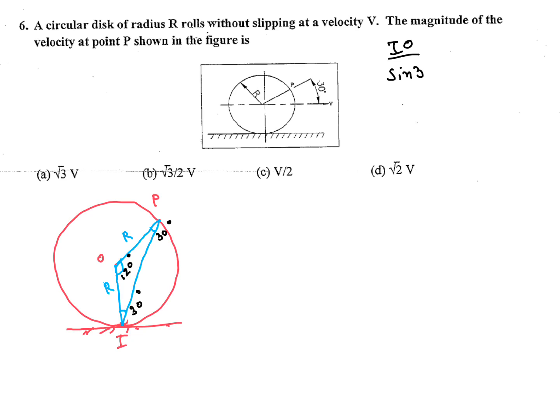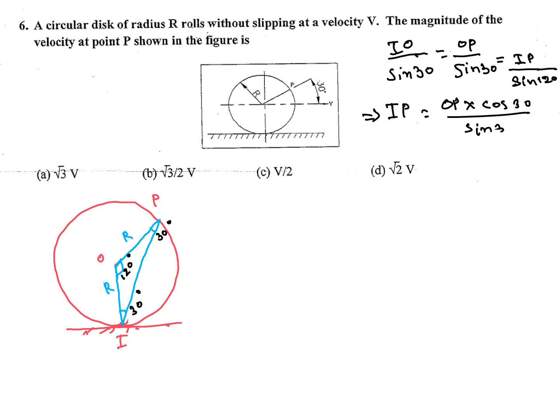IO by sine 30 equals OP by sine 30 equals IP by sine 120; we have to calculate the distance IP. So IP equals OP into sine 120, which is cos 30, divided by sine 30.